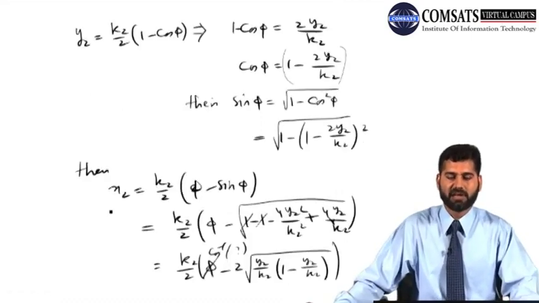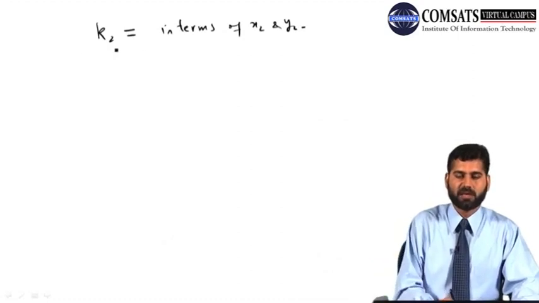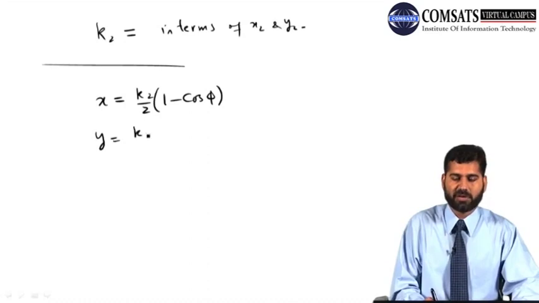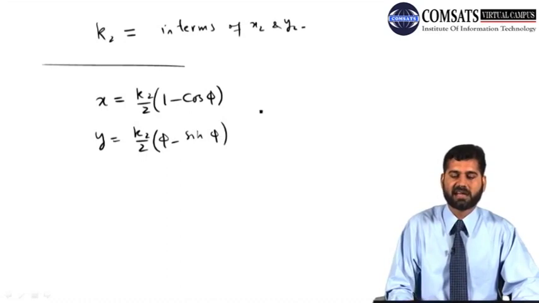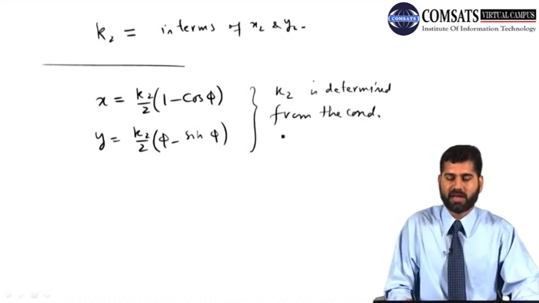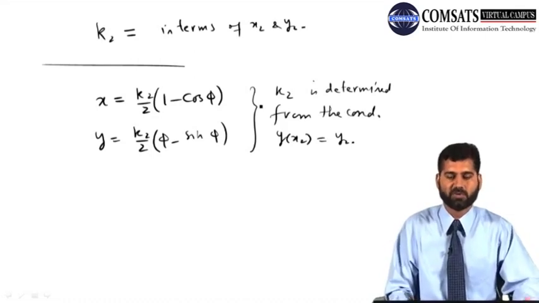So that's why we leave our answer till star, that x is k2 by 2 times (1 minus cosine phi), and y is equal to k2 by 2 times (phi minus sine phi), where k2 can be determined from the condition y at x2 is equal to y2. So from the second point I can obtain k2.